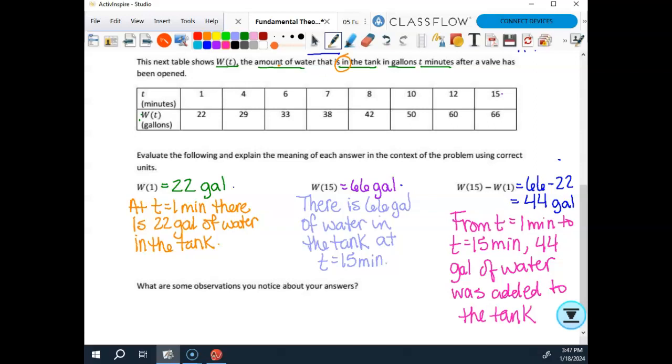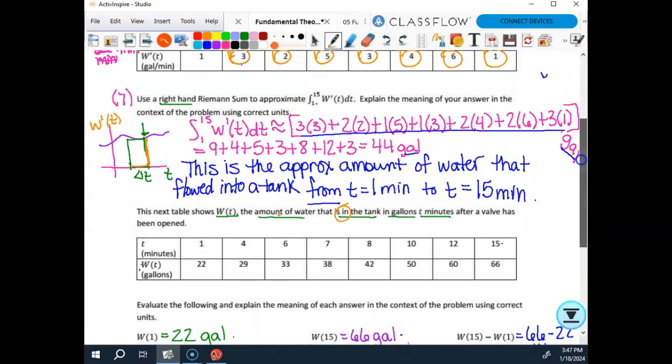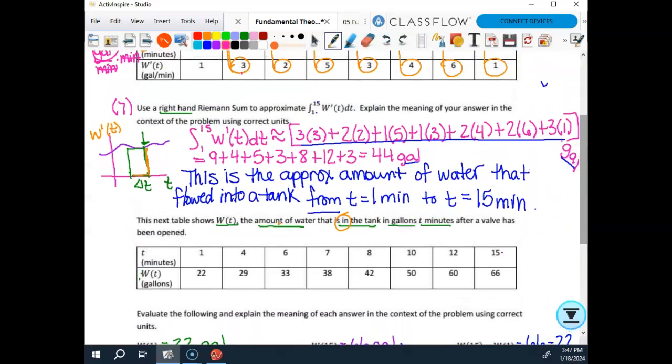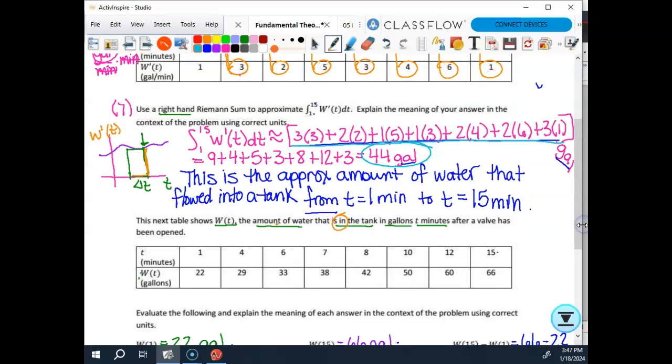Now, it says, what are some observations you notice about your answers? So, look at what we have here. See if you can see how this connects together and why I wanted you to know that all this mess equals 44 gallons. Because where else do we see 44 gallons?